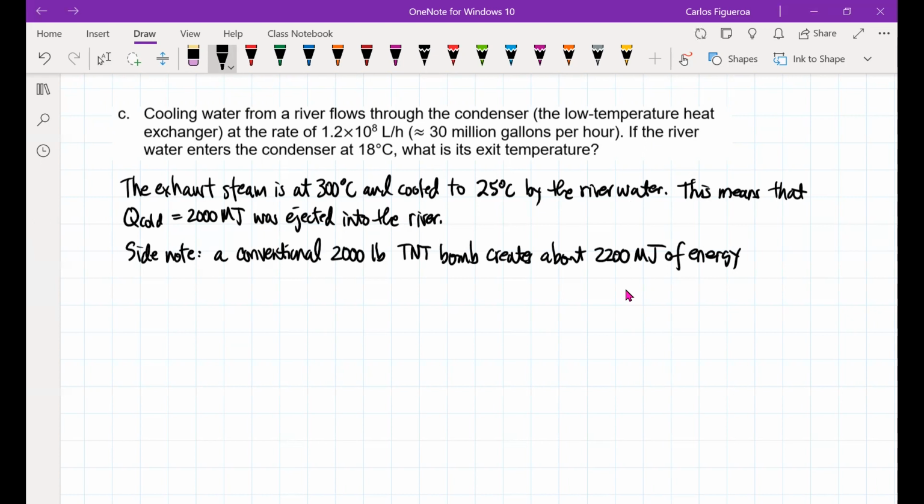So that 2,000 megajoules is not a small amount. Not money, but heat.